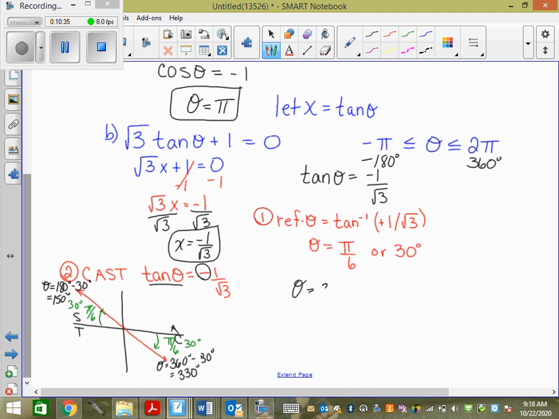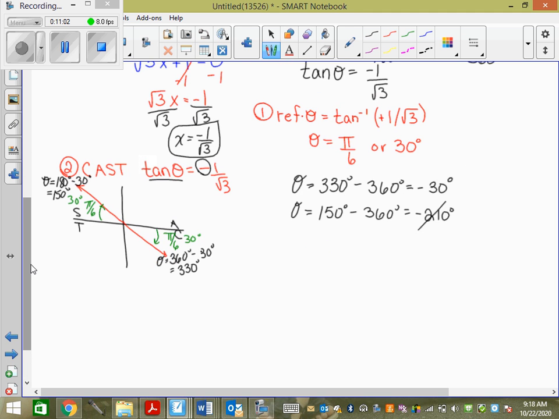So we're going to do 330 minus 360, and I get negative 30. Does that fit? Yeah. What about the other one? 150 minus 360 equals negative 210. Did that fit? No, it's too big, right? So I actually have three solutions for this one. Theta equals negative 30, 150, 330, which is lovely, except my question was in what mode?